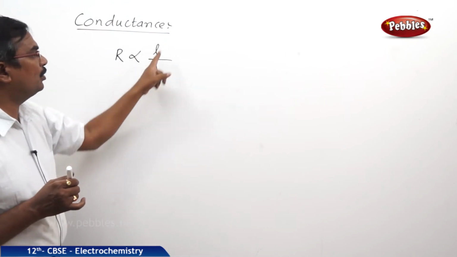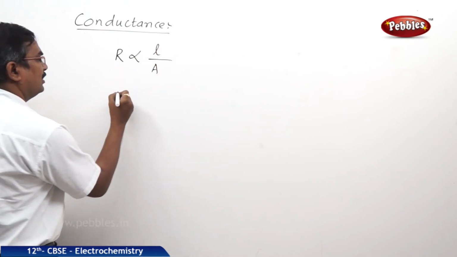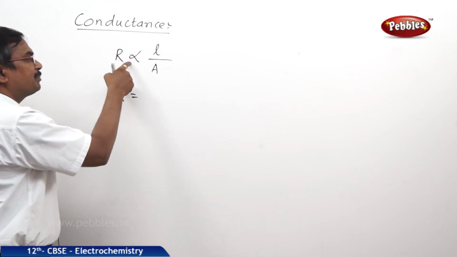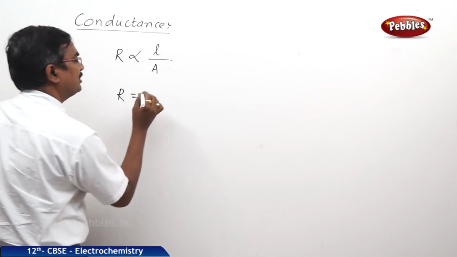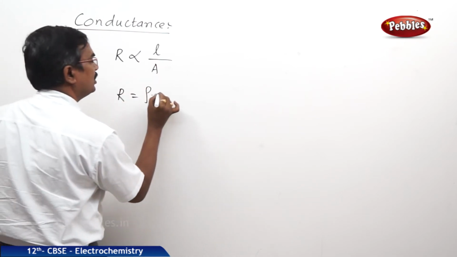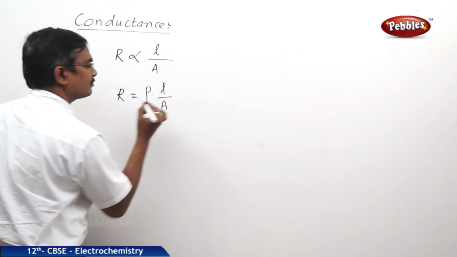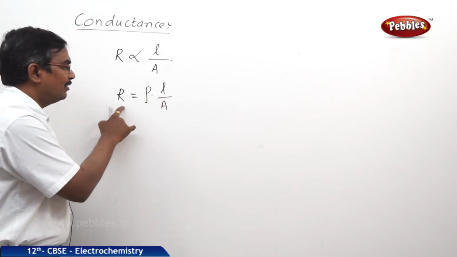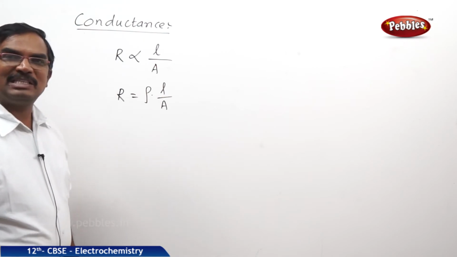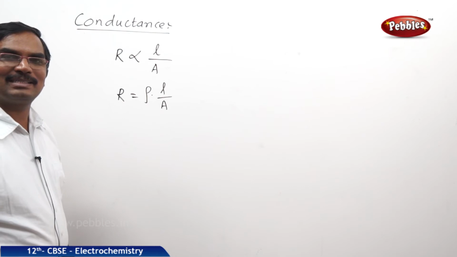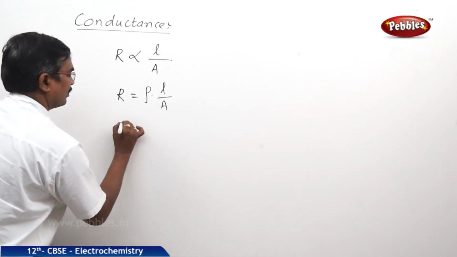So R is proportional to L by A. Here we are removing this proportionality, so we have to multiply with one constant. This constant is rho, so R is equal to rho into L by A, where R is the resistance. We call this rho the specific resistance, or resistivity.